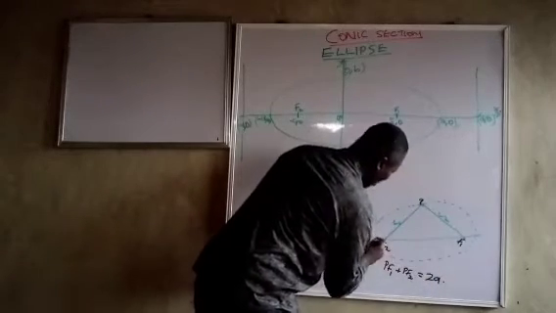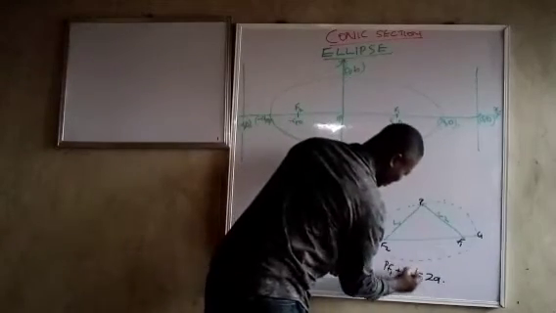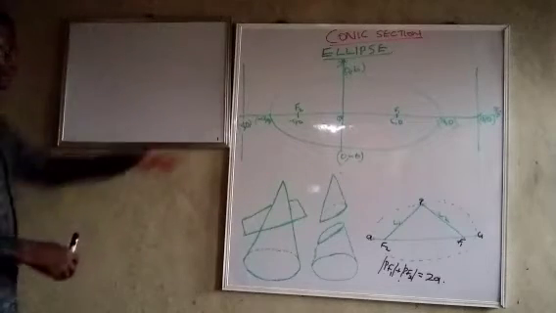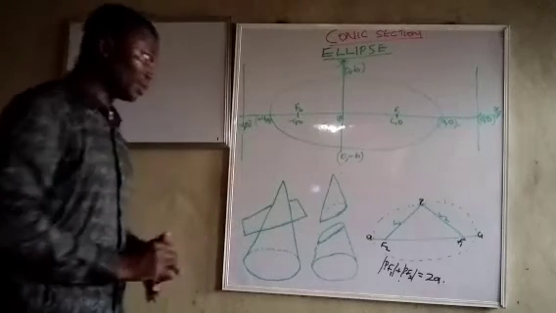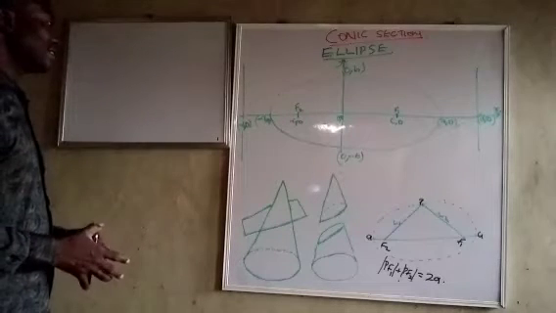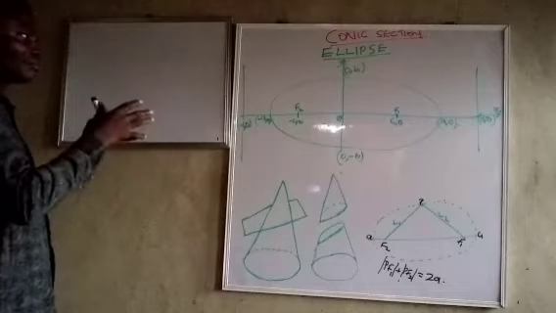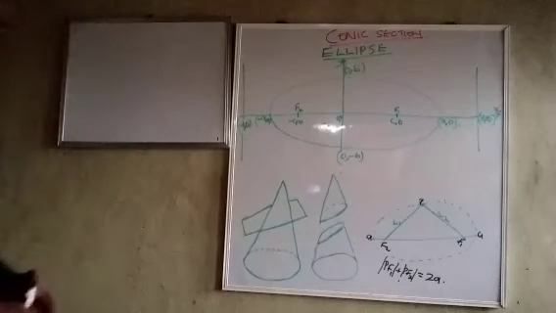You know what A is now? The vertex of the ellipse. So that's the major introduction to this shape. It is very useful, and we will derive certain equations for the ellipse now.